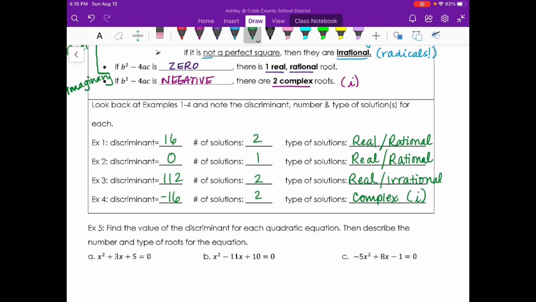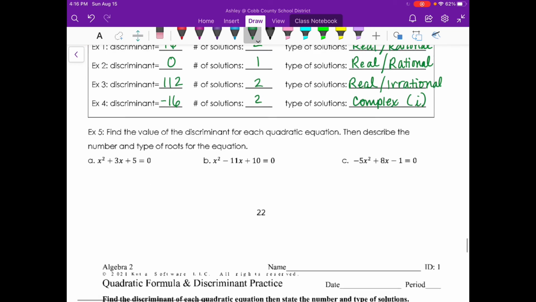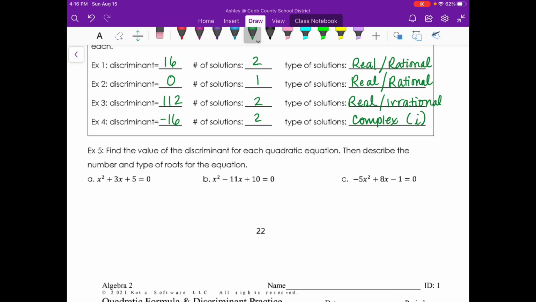So let's look at the last example and use the discriminant to determine the number and type of roots for each equation. So for example 5a, the value of a is 1, the value of b is 3, and the value of c is 5. Again, it does need to be in standard form before you determine these values. I'm going to substitute into b squared minus 4ac.